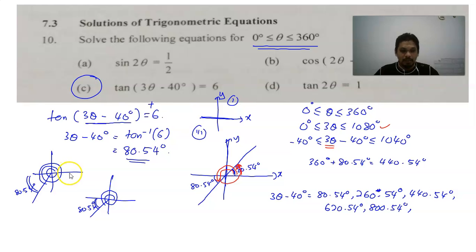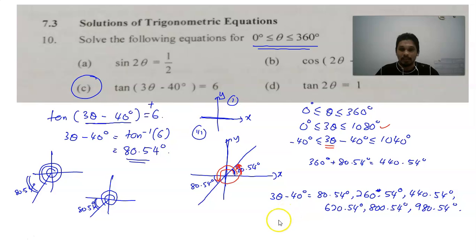Okay, so now 360, 720 plus 180 plus 80.54 equal to 980.54 degree.